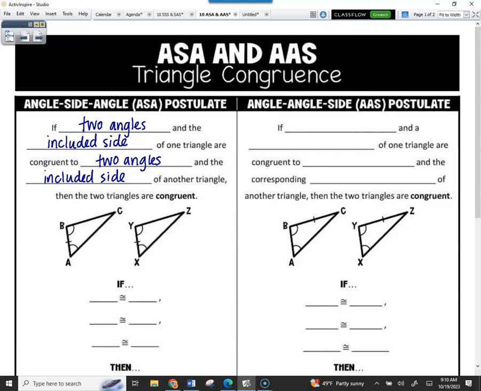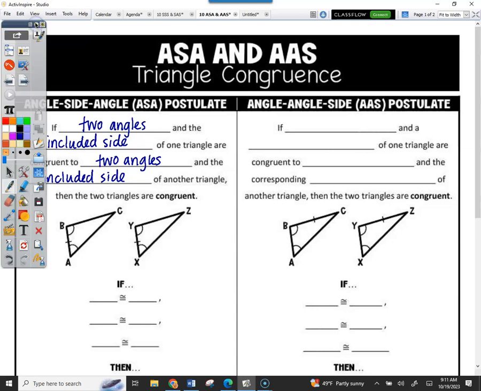So this is ASA. This time we have two congruent angles, one congruent side. The side is in between the congruent angles. Once again, if you get a highlighter and highlight the congruent side, it will make the question easier, because then you can see those two angles that are congruent are definitely touching the congruent side.